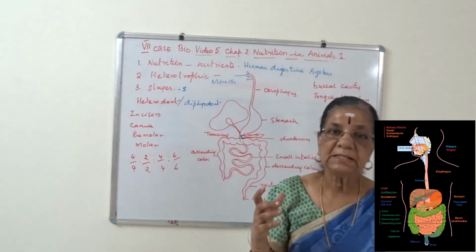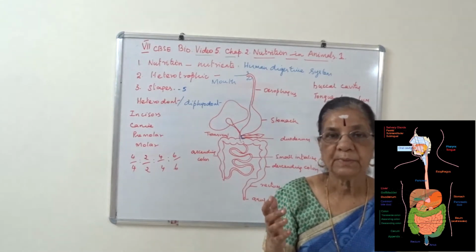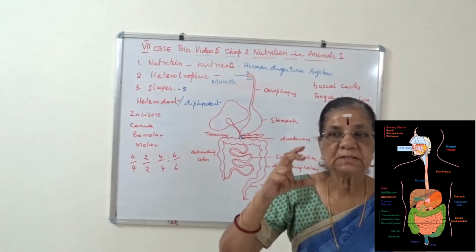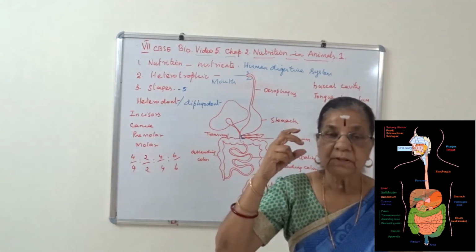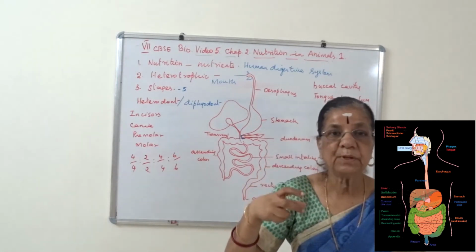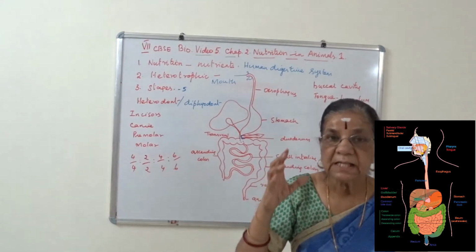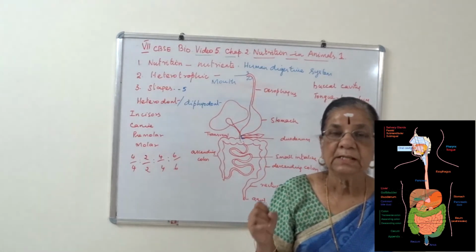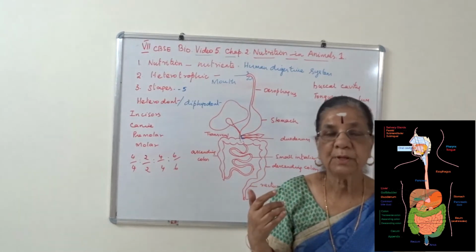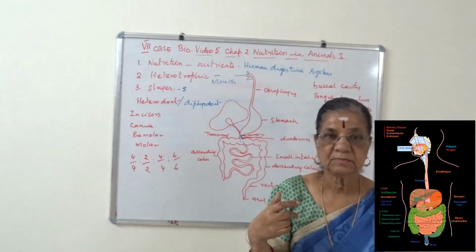As the child grows, the milk teeth are replaced by permanent teeth. These 2 sets of teeth, milk teeth and permanent teeth, that condition is known as diphyodont. I hope you understand. Permanent teeth will have different types of teeth, which is heterodont.